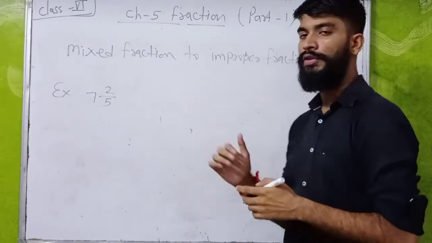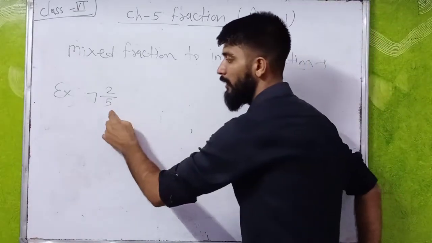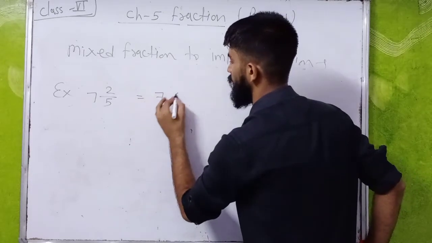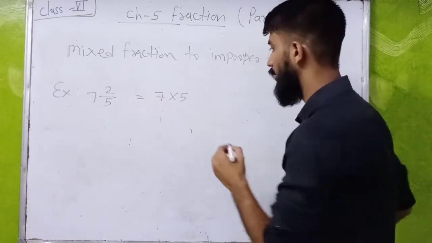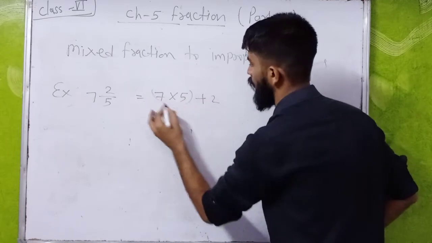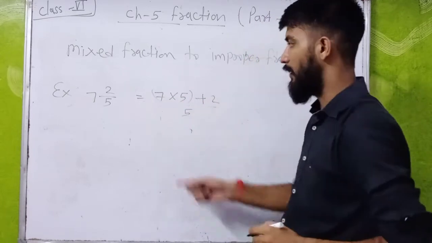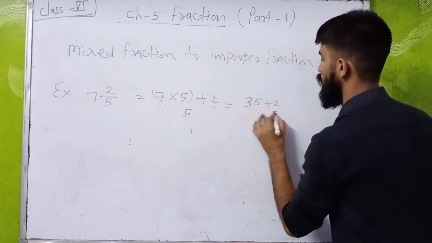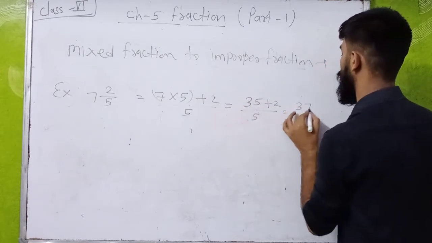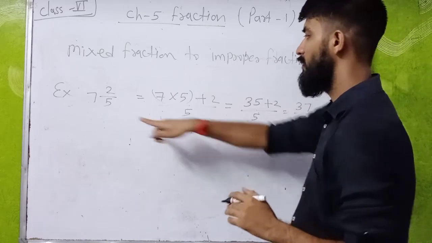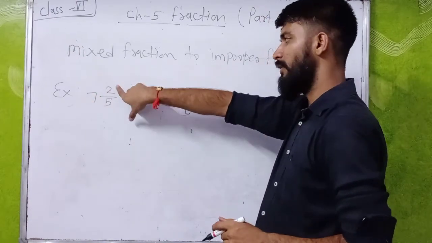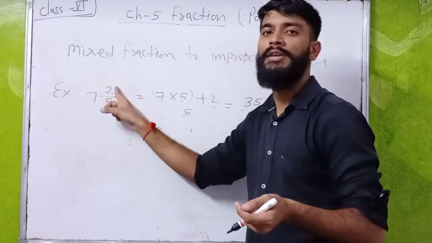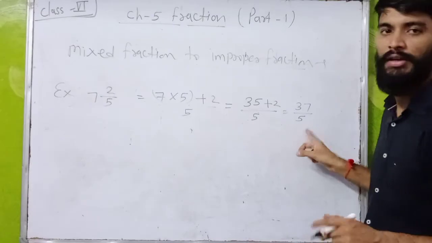Clear? Now how do we solve it? First of all, multiply the denominator with the whole number: 7 multiplied by 5 plus 2, divided by 5. 7 times 5 is 35, plus 2, so 37 divided by 5. So the denominator multiplies with the whole number, after that add the numerator, and divide by the denominator.